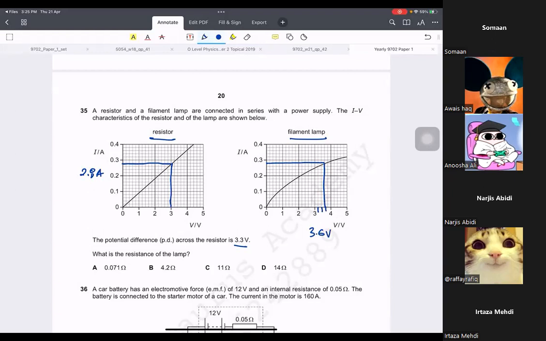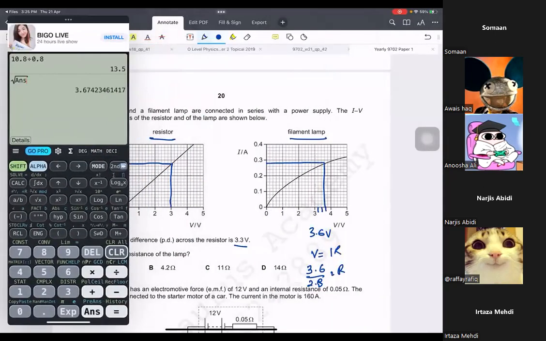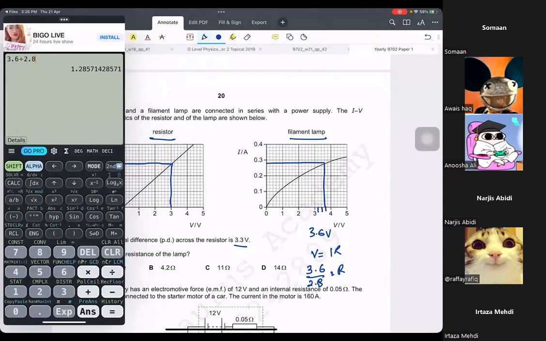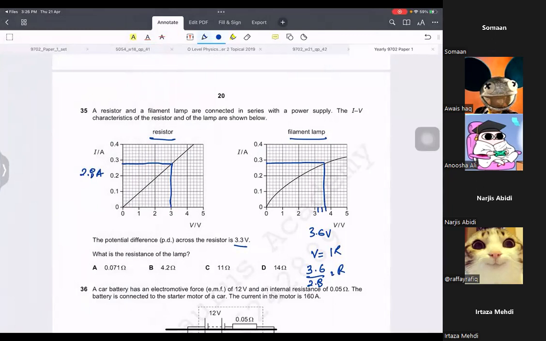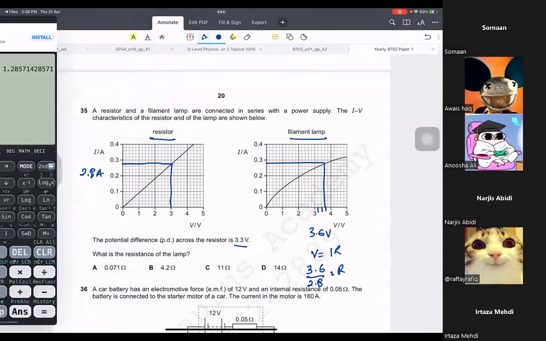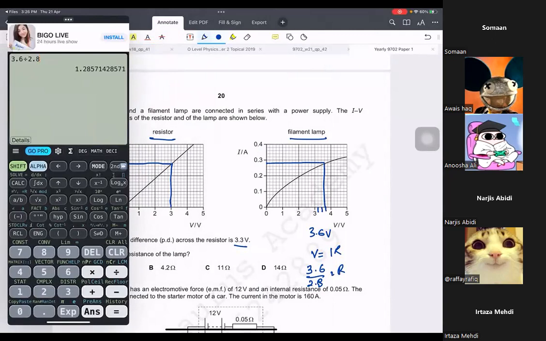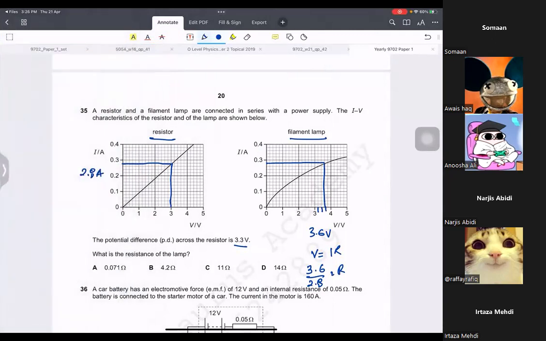So, V is equal to IR. 3.6 divided by 0.3. No, 2.8, sorry. One point three. What is this? This isn't the answer. Did we miss something? Sir, it's 3.3 from the resistor.